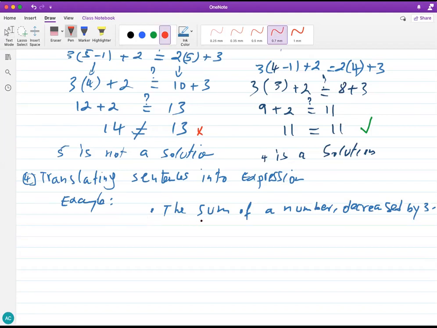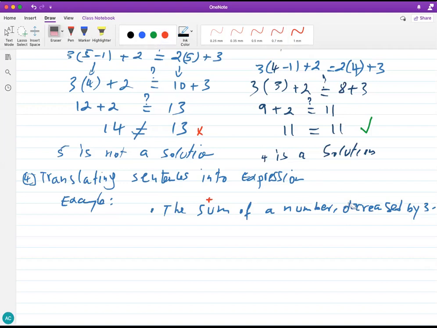So obviously here, when you say sum, it means you're adding. So the sum of something, a number. That number is not given. Decreased by 3. So the sum of a number, I think we're missing something in this sentence. Yeah, we need a second part to this sentence. Sum has to be between two things, sum of a number and something.